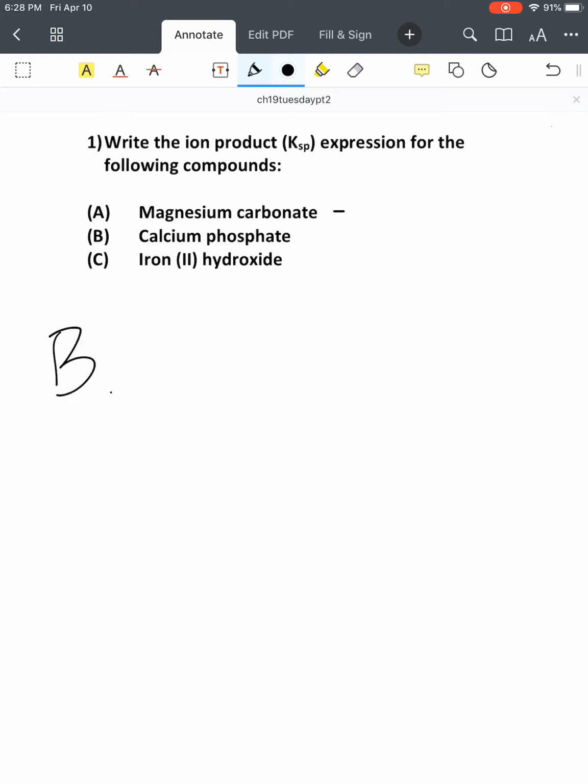Now, calcium, of course, the elemental symbol Ca, is also in that second group of the periodic table. So it's Ca2+. Phosphate, again, one of our polyatomic ions, is PO4, but we have to remember the charge is 3-.